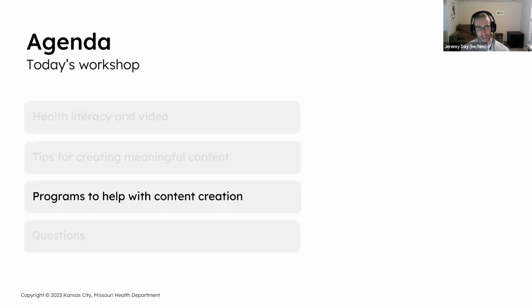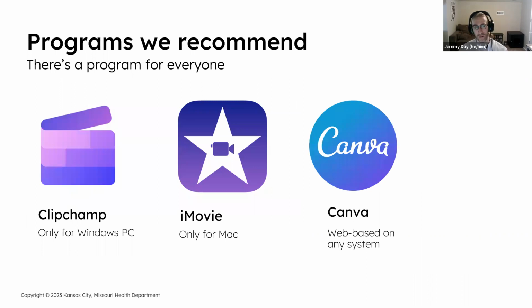So yeah, we're going to actually now talk about some programs. We mentioned using an editing program or software to help with that, and we've got a couple that we recommend. For a PC, you can use Clipchamp. It is free to use. They do have some options in it that you can pay for, but everything that you need to trim a video and add content is free.